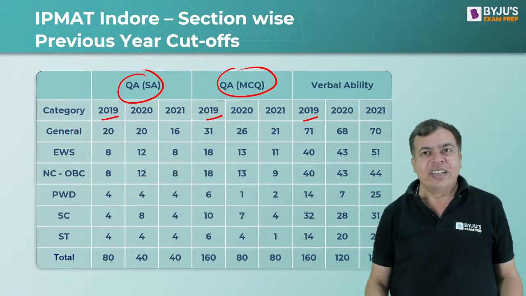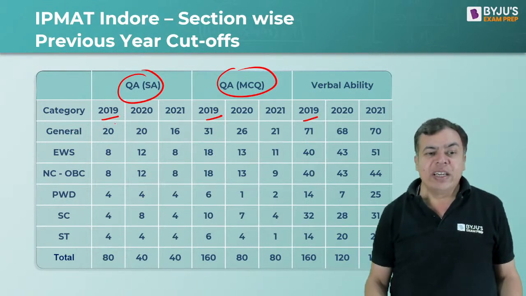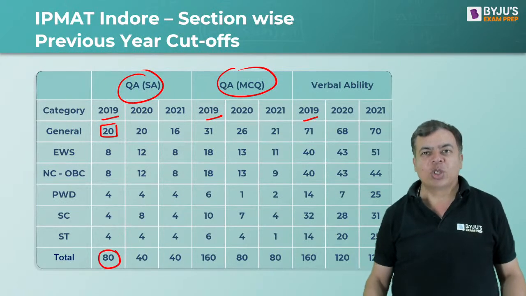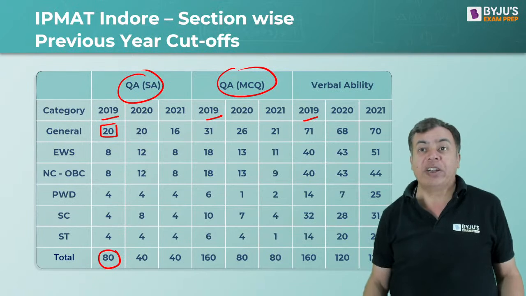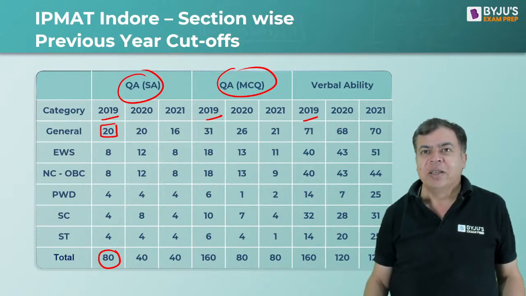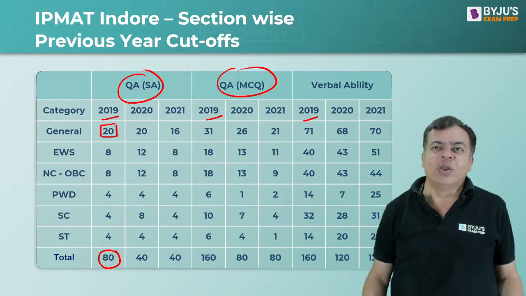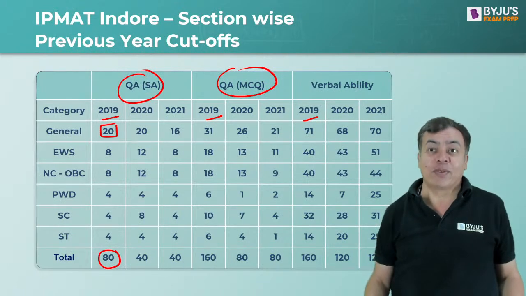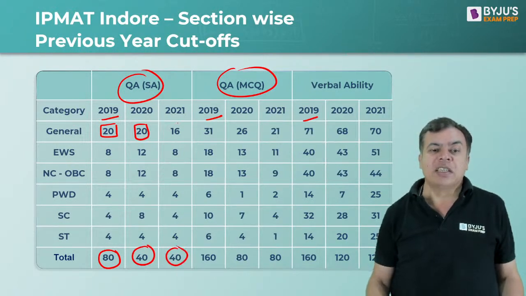This is the cutoff of 20 out of a total of 80, because 20 questions, 4 marks each, it was an 80 marks section and cutoff was only 20, that is 1/4, 25% was cutoff. But as soon as they reduced the number of questions, in the COVID case, the cutoff went up to 50%. It was still 20, but out of 40 only. Out of 40, it is 16.